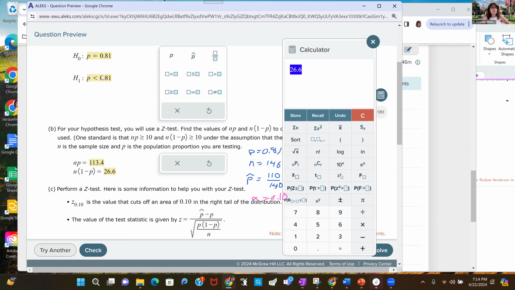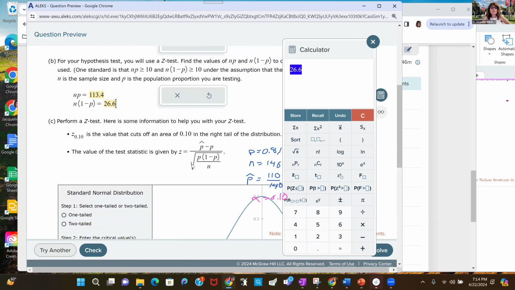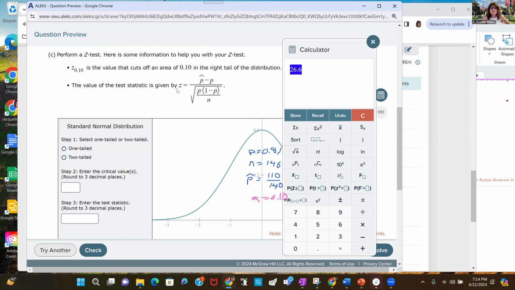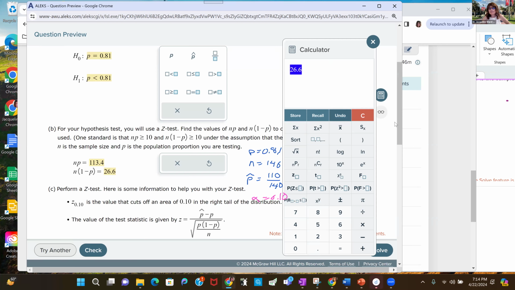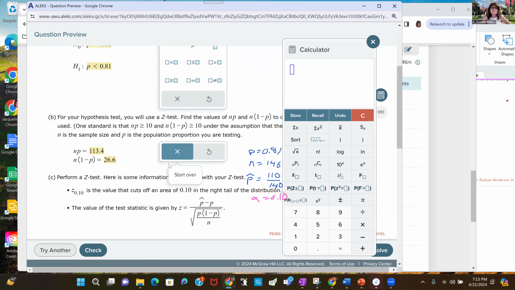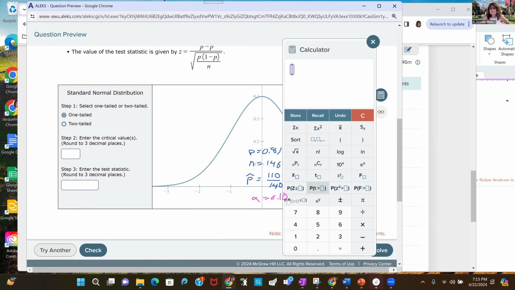Alpha is 10%. You have a one-tailed test, right? So that's why they're giving you that Z of 10%. And here's how you calculate the test statistic. All right, so this is a left-tailed test. So you want to get the opposite of the critical value that's on the right.